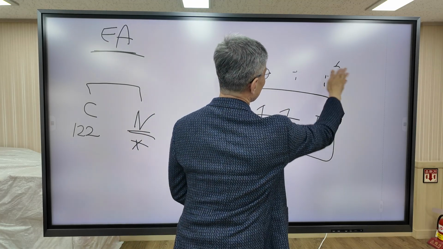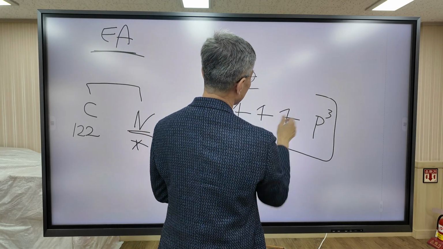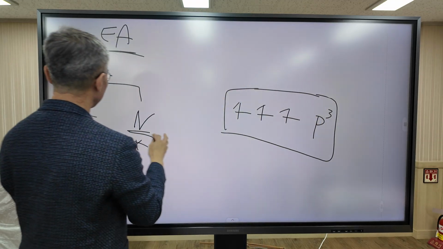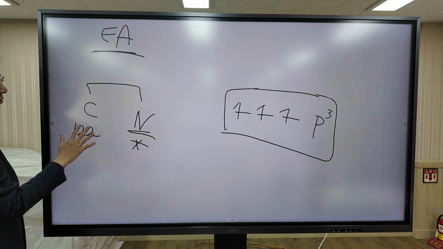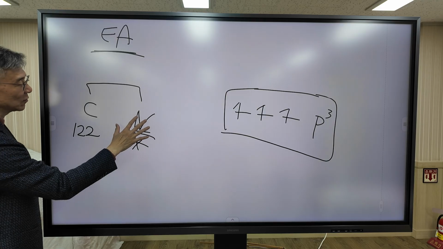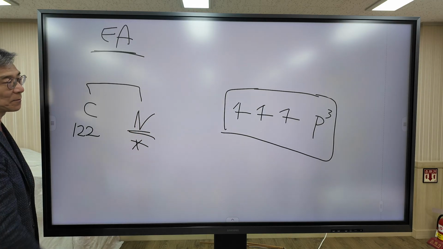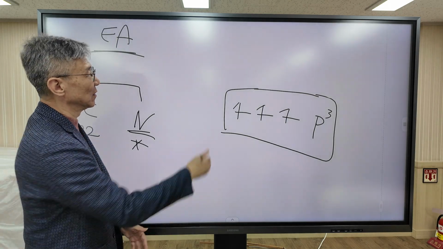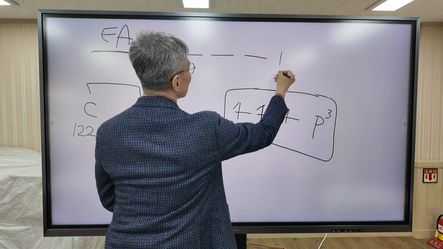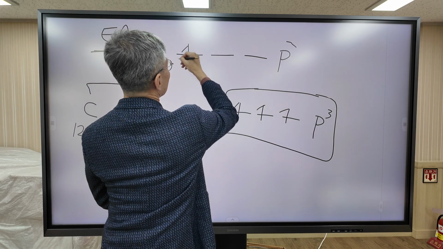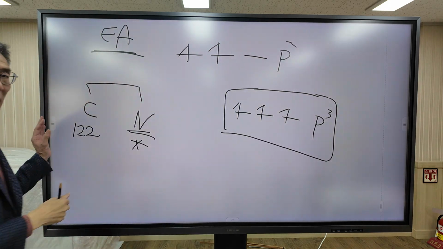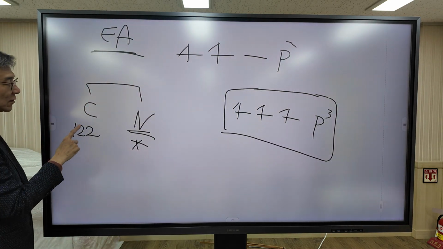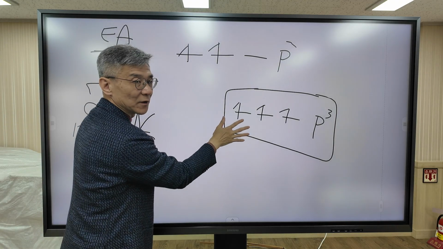So, using this fact, we can explain why the electron affinity of carbon is very high, but the electron affinity of nitrogen is very small. This is the electron configuration of nitrogen, and this is the electron configuration of carbon. Carbon is just one electron away from the stable configuration.